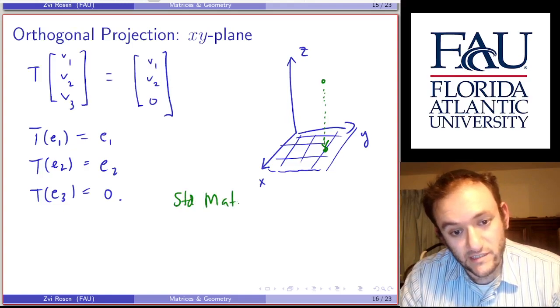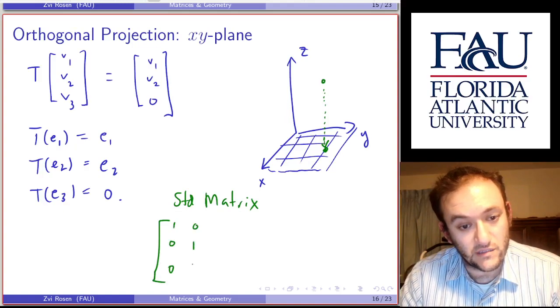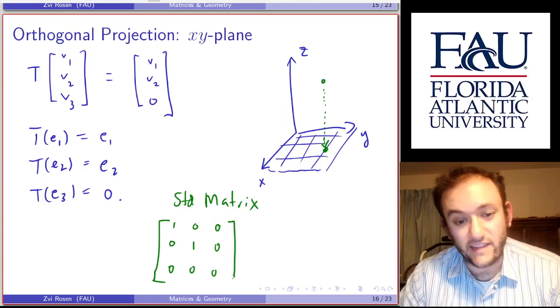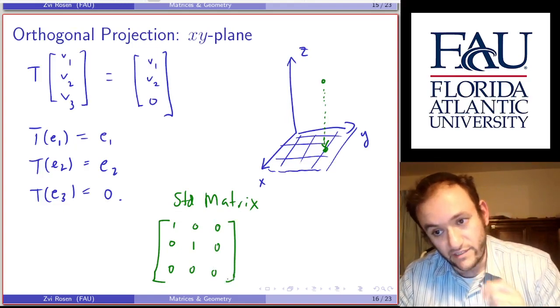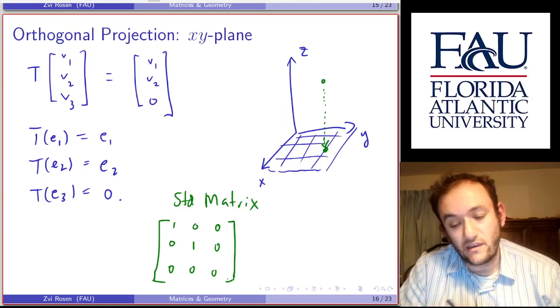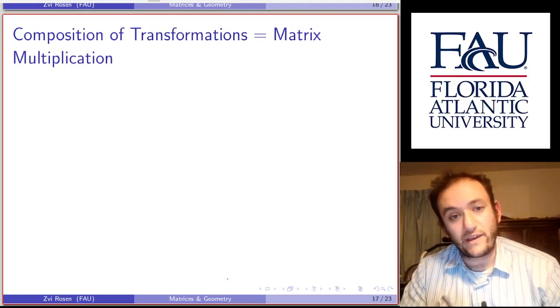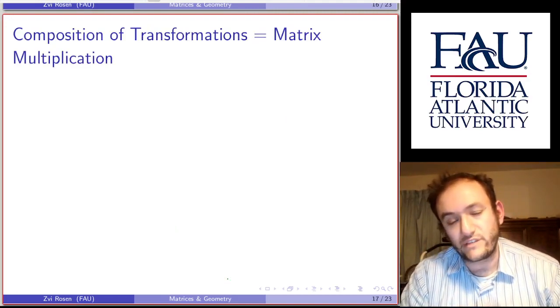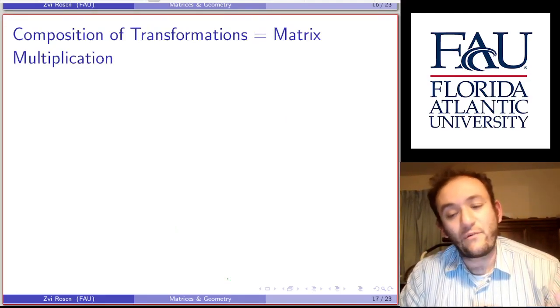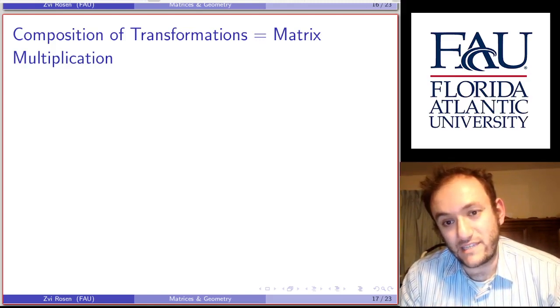The first column is e1, the second column is e2, and the third column is the 0 column, because that z-directional vector gets squashed. That gives us the matrix of our transformation. So that's all of the R3 transformations I wanted to talk about, and now I want to talk about putting these maps together.